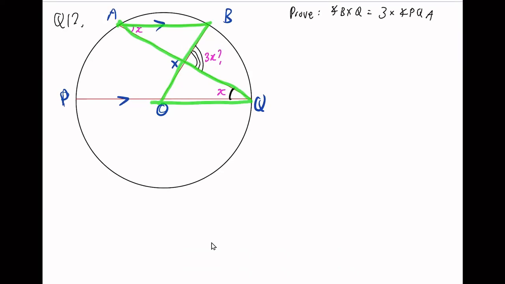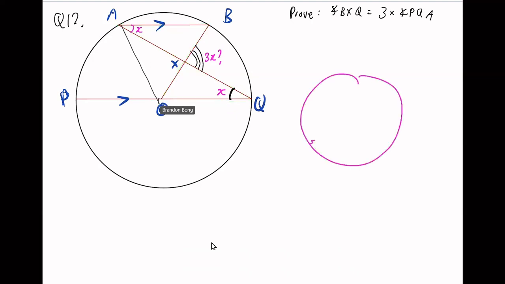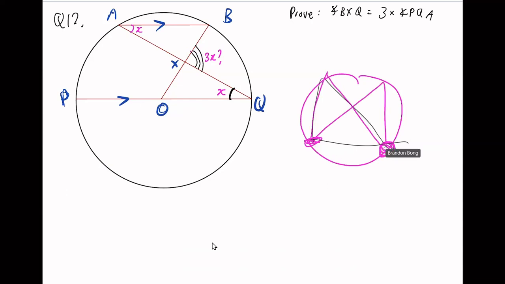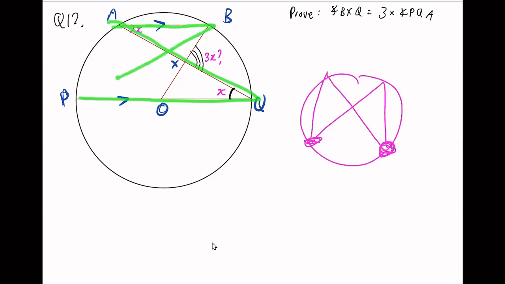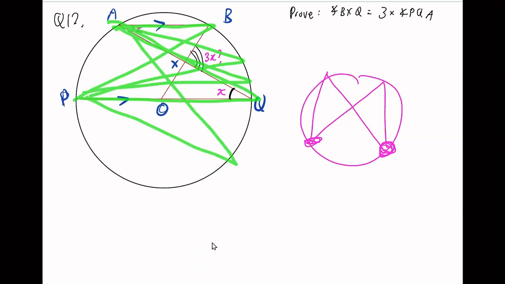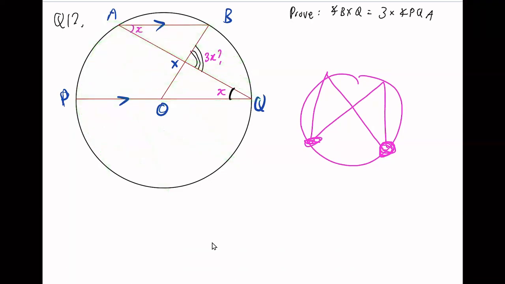Angles in same segment, what's the condition? They start at the same two points on the circumference. This one starts from the center, which is not a point on the circumference. Can you see? They're different. This angle will only be the same as these other angles on the circumference.